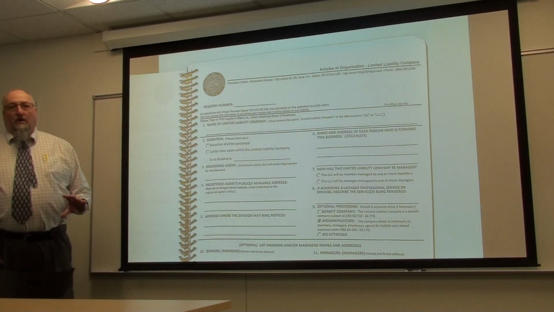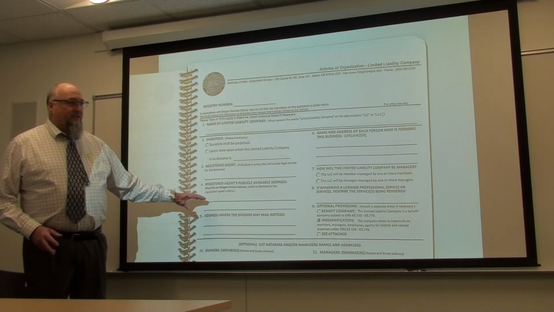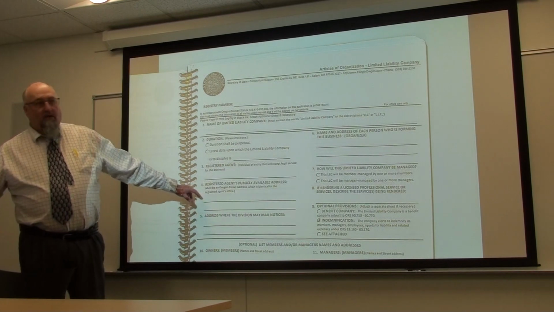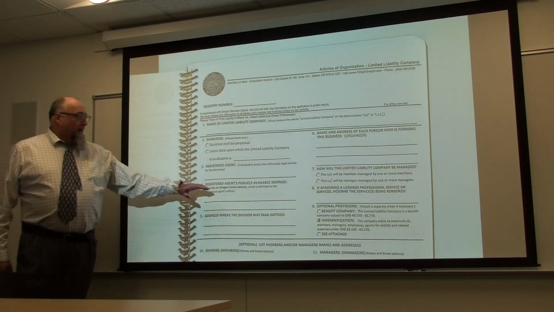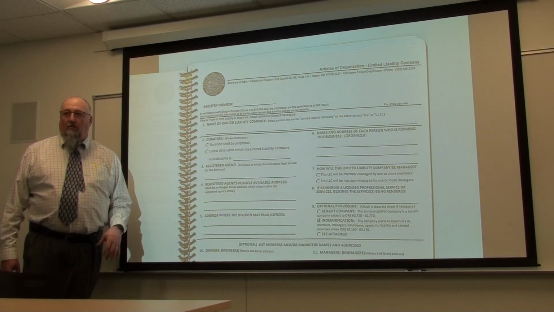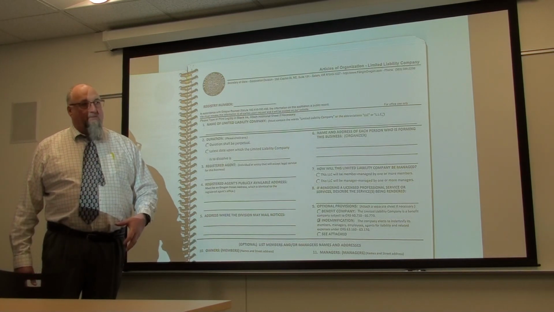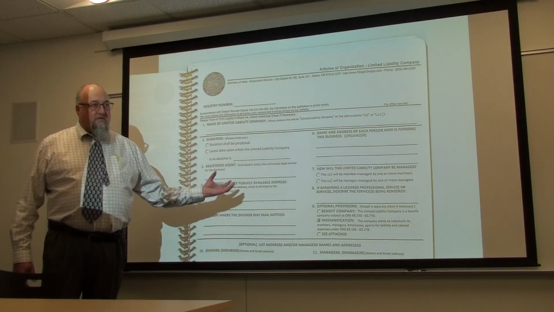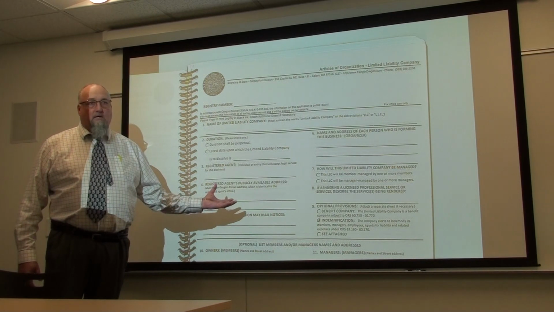Now here's something to know about a registered agent. You have to have a physical street address. You cannot use a P.O. box or a Mailboxes R Us or a UPS type store. The Secretary of State won't accept that, and they actually do cross-check those addresses and they'll reject it.